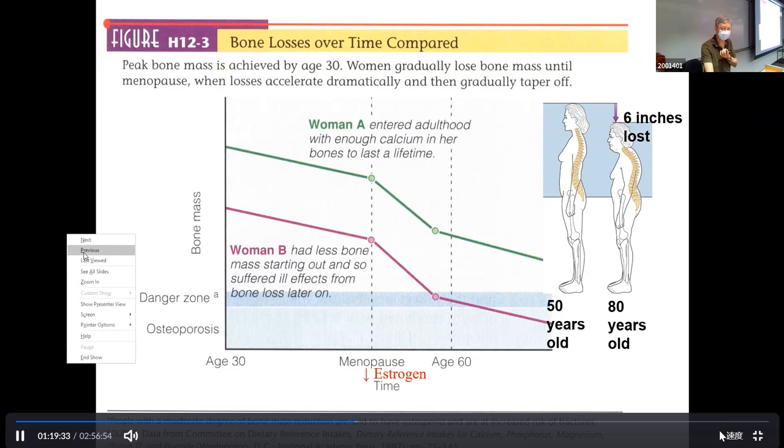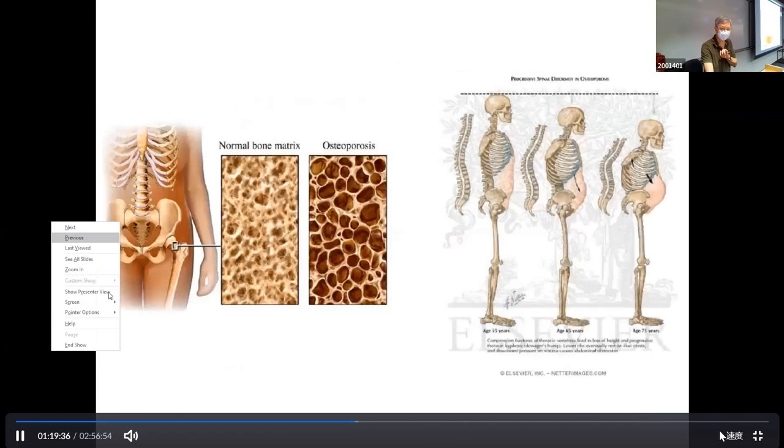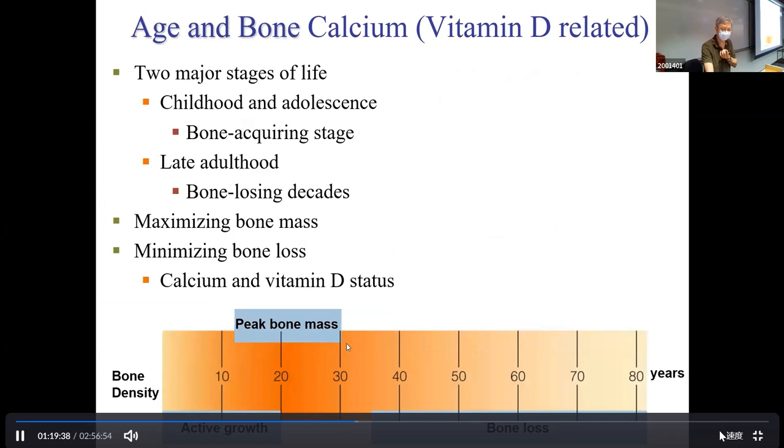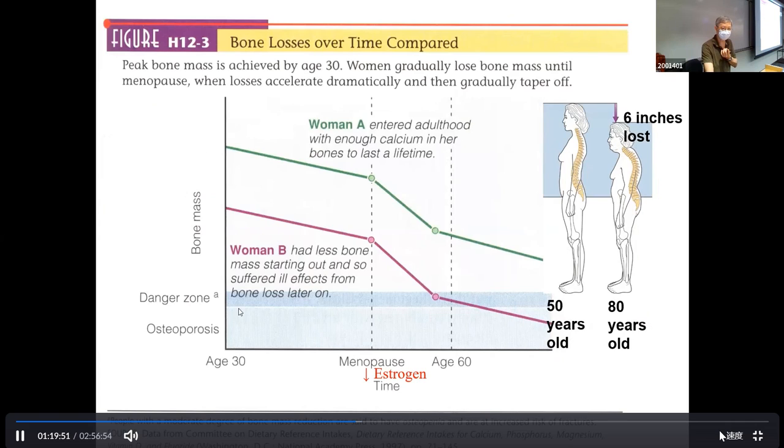Why we start with age 30 is because it is generally accepted that around 30 years of age, you don't gain any more bone mass. So this is the starting point for this diagram. The y-axis, of course, is the bone mass. And then you have 2 shaded areas. One is when osteoporosis happens, and the other one is the so-called danger zone.